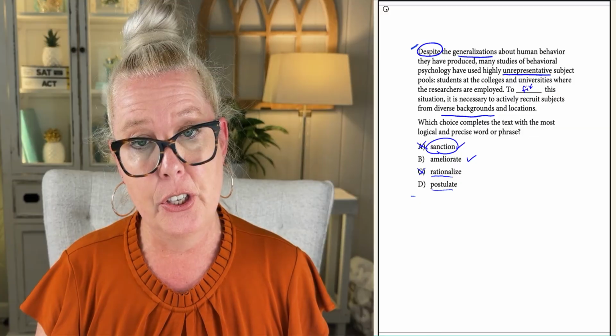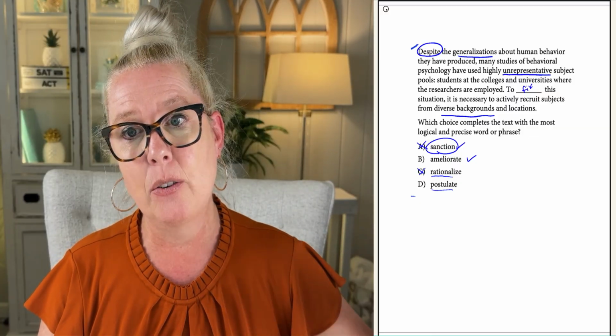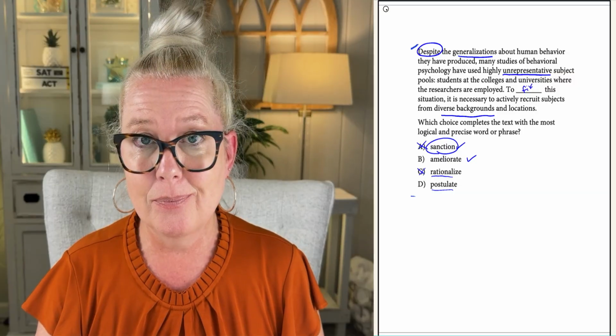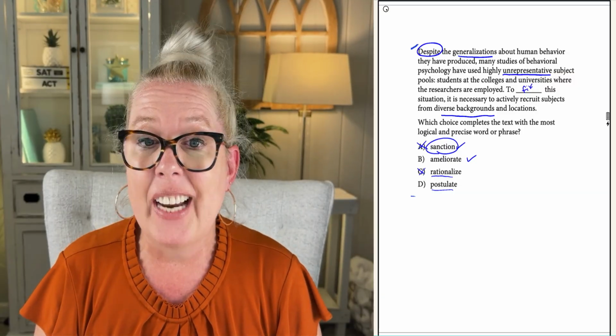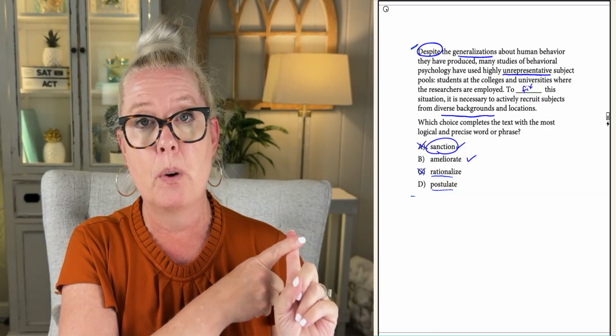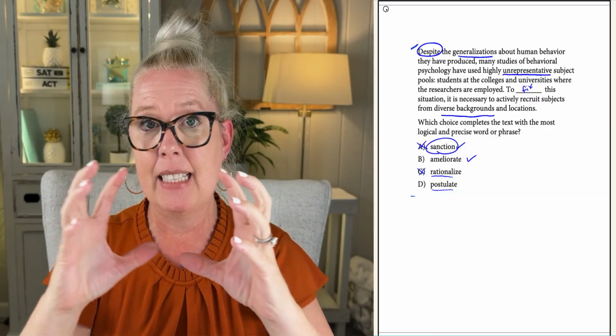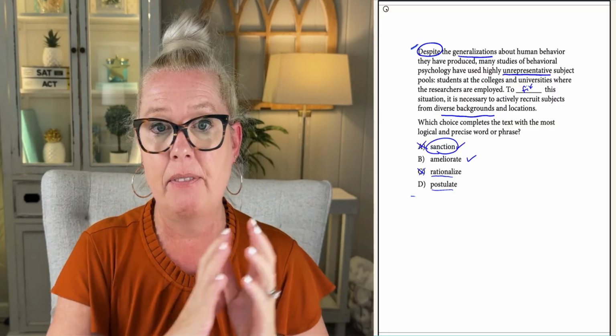And sure enough, do you know what ameliorate means? It means to make a bad or unpleasant situation better. There you go. So for vocabulary, teach two moves. Number one, decode the word if you can, using either prefixes, the root in the middle, the suffix.